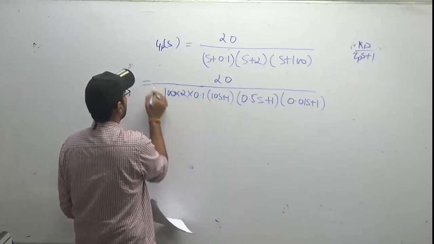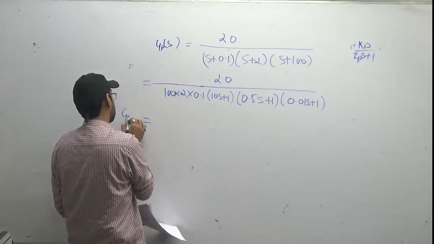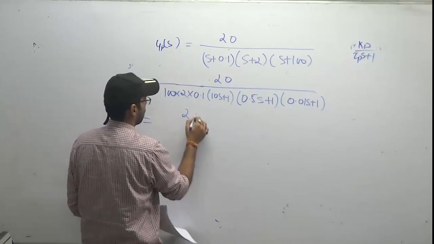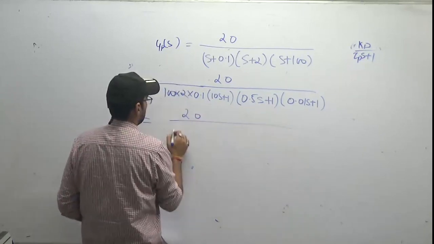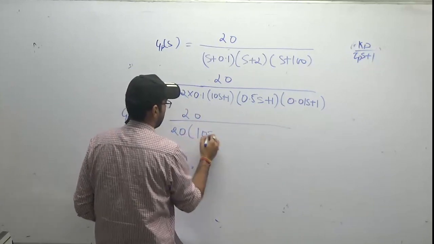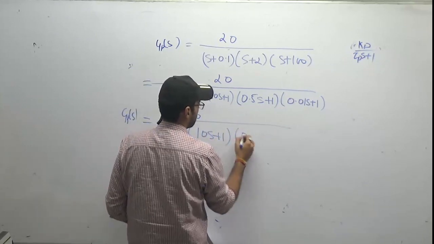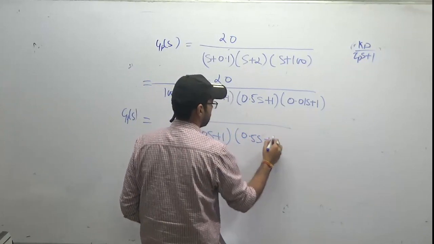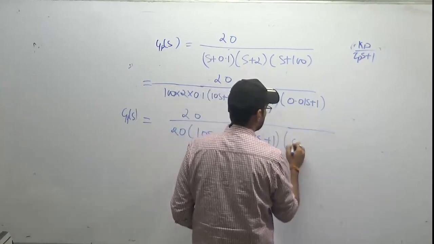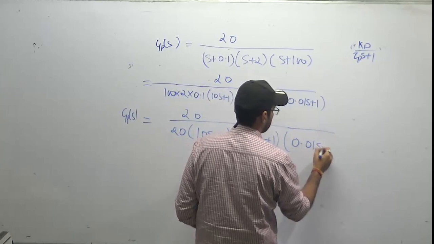You will get G(s) equals 20 divided by 20, (10s plus 1)(0.5s plus 1)(0.01s plus 1).